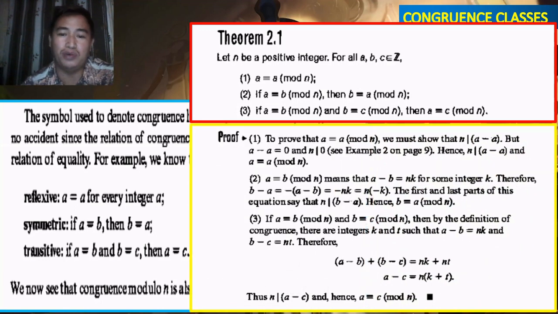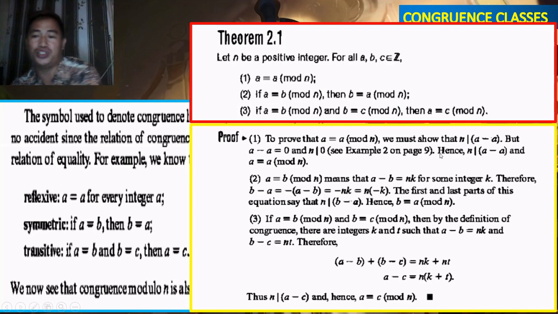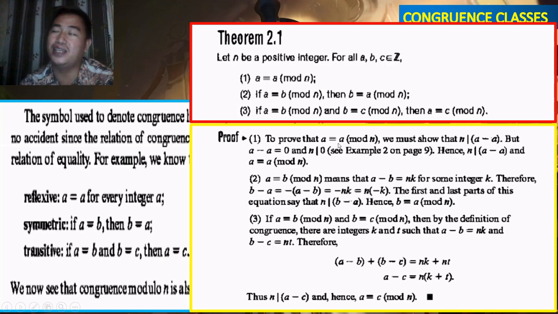Okay, so proof. Number 1. To prove that a is congruent to a mod n, we must show that n divides a minus a. Sure man ni class nga si n mo divide ni a minus a, kay si a minus a is 0. Siyempre si n mo divide kang 0, kay 0 divided by n is still 0.